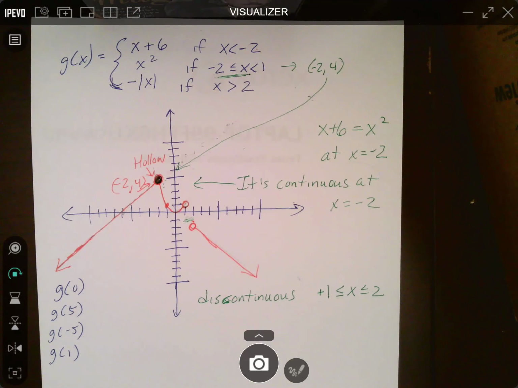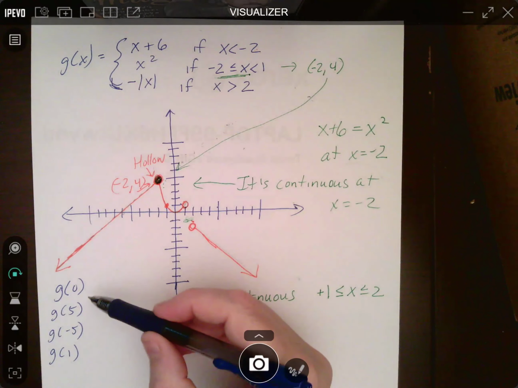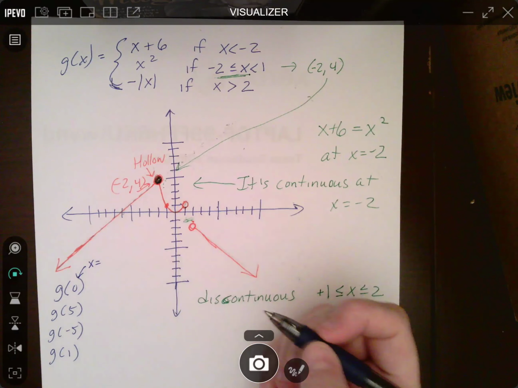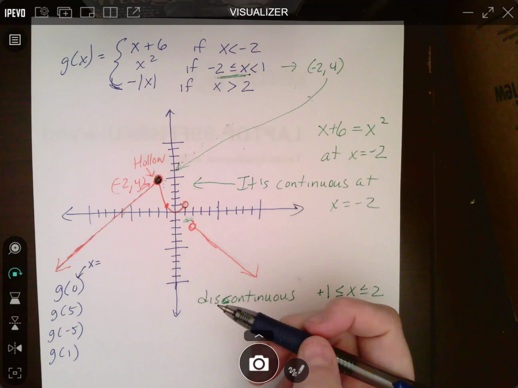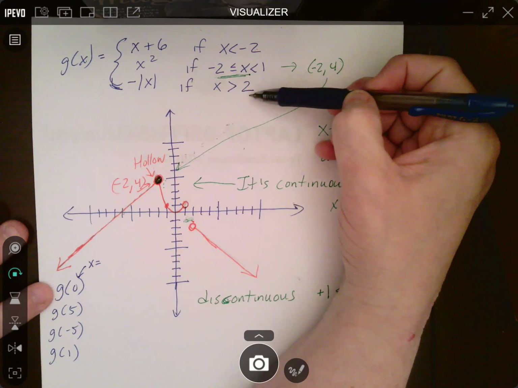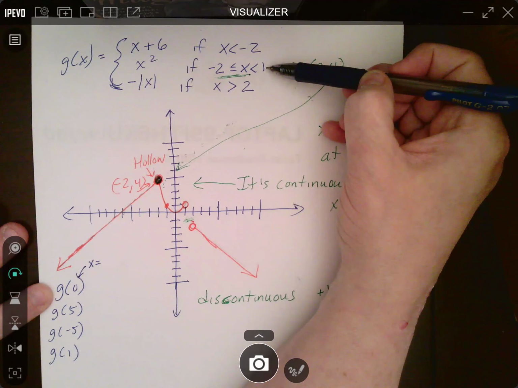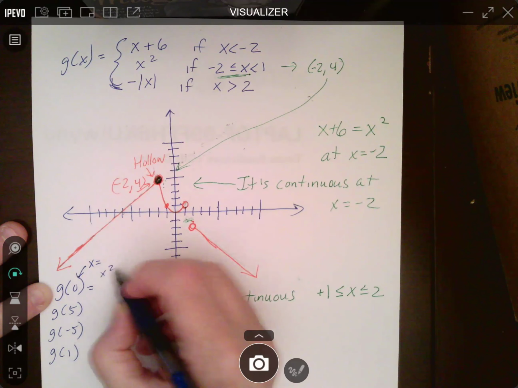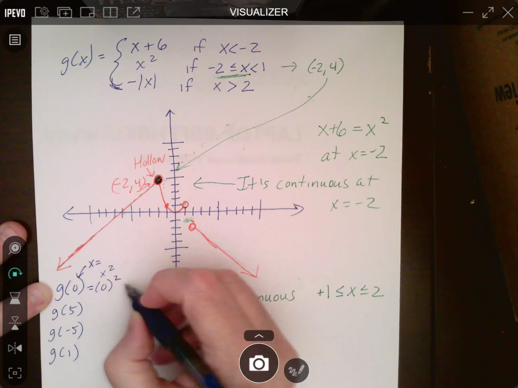When making these evaluations, this says what the x value equals, and that tells me which part of the piecewise function I have to use. For x equals 0, I am on the -2 is less than or equal to x less than 1, which means this is going to be in the x squared part. So I'll have 0 squared, and the value is 0.